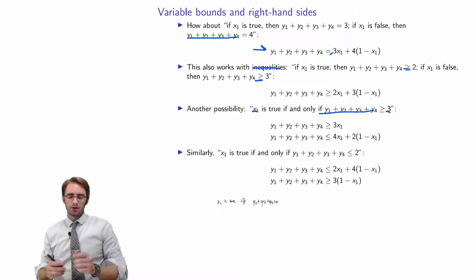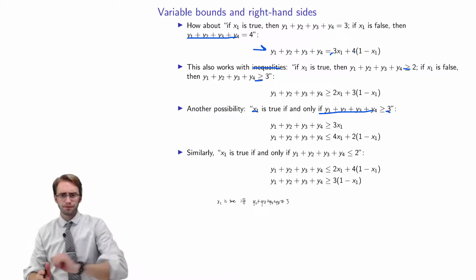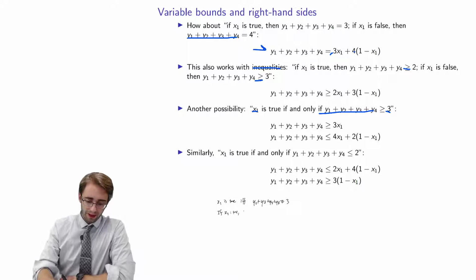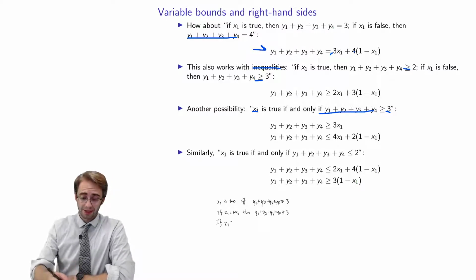Okay, so what could we say about this here? We'll say that on the one hand, if x1 is true, then the y's have to sum to at least 3. There's nothing new there. And then also if x1 is false, then the y's have to sum to less than or equal to 2.